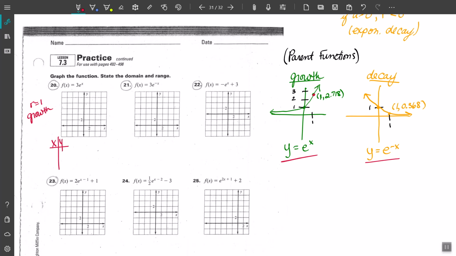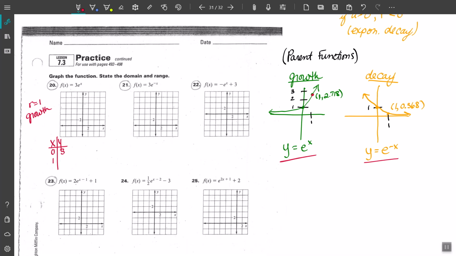So we're going to evaluate with the table. I'm going to pull 0 for my x because that will give me 3. E raised to the 0 power is 1. 1 times 3 is 3. If I put 1 in there, it will be 3 times e. So that will look like this, just to show you here for the first one. 3 times e to the first is just going to be 3 times e.